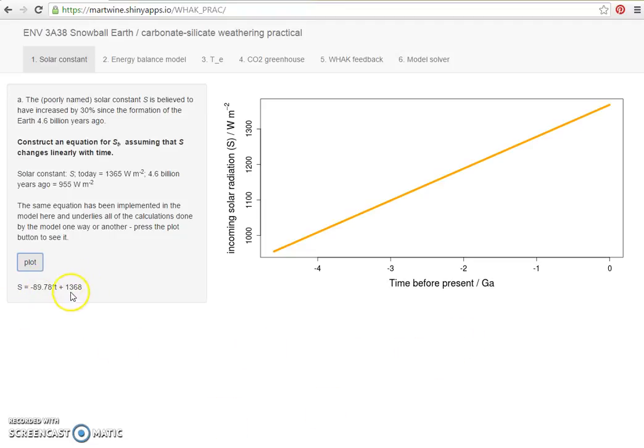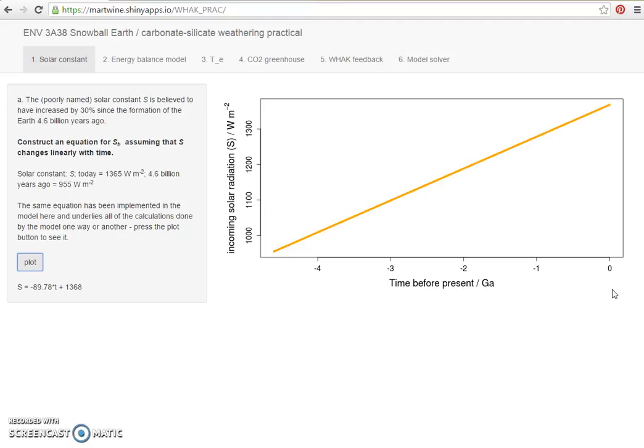Effectively it's 1368 minus about 90, which is 1278, which looks like about the right value. So that's the equation that defines the change in incoming solar radiation through time, and that's at the core of the model.